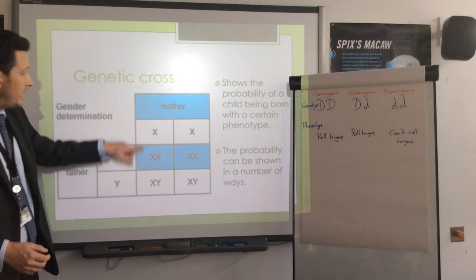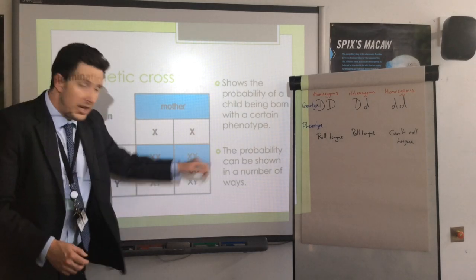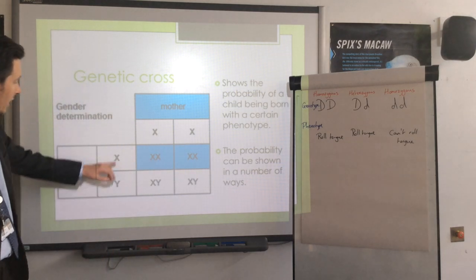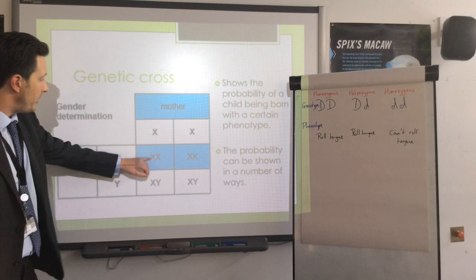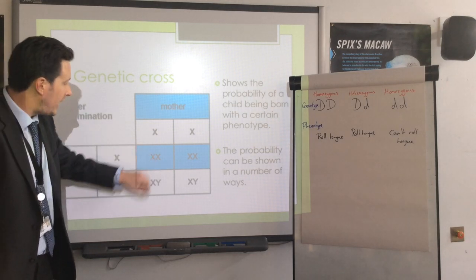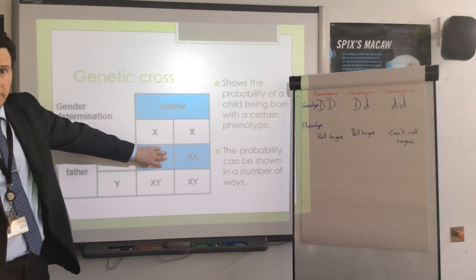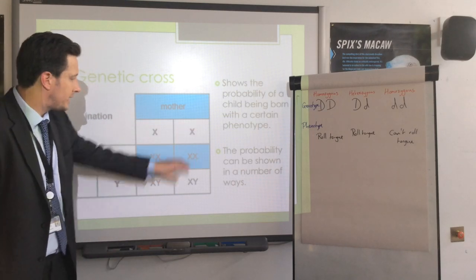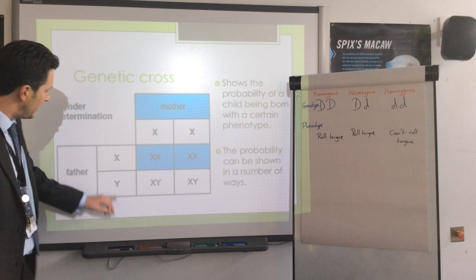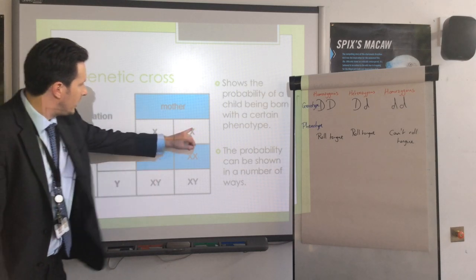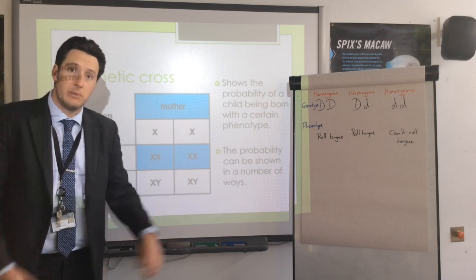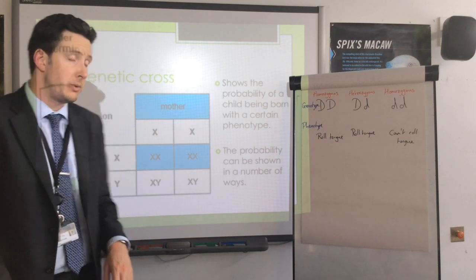The important bit then is to do the cross to give these different combinations of offspring or children. You take the letter from here and the letter from here, X and X, and that gives you the combination for that child. You take the letter from here, the letter from here, X and X, to get the combination for this child. Similarly here and here, here and here. Okay? So you end up with 4 different outcomes in your Punnett square.